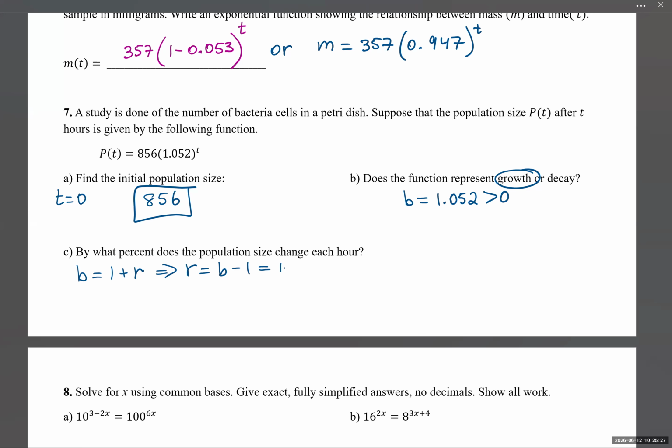So that would be 1.052 minus 1, which is 0.052, and then turn it into a percent by multiplying that number by 100. That's 5.2%. So the population is growing by 5.2%.